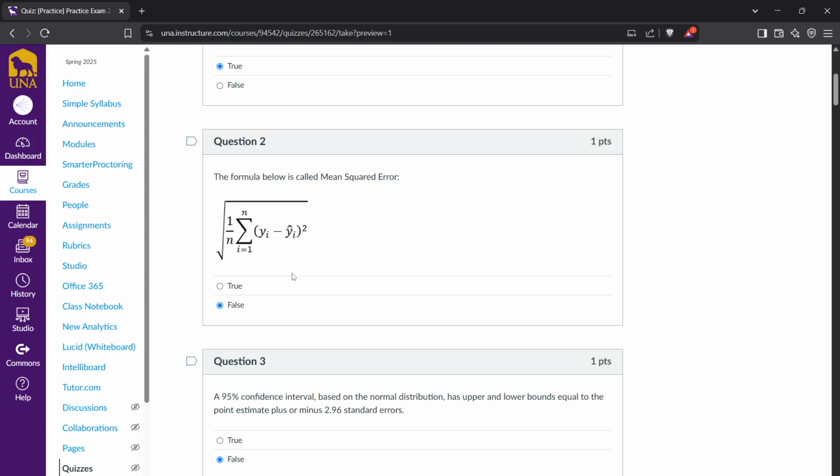And even though the terminology is a little bit loose, the version that says n minus k in the denominator is floating around everywhere, and that's the version that Excel produces in the ANOVA table. Well, Excel does that in that table, but generally when we talk about mean squared error, we're just saying 1 over n here.